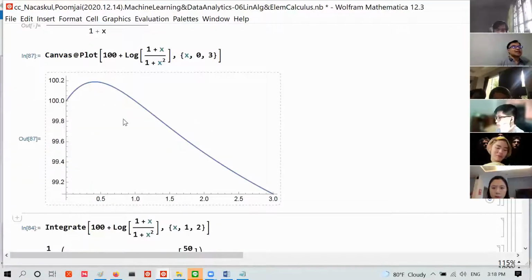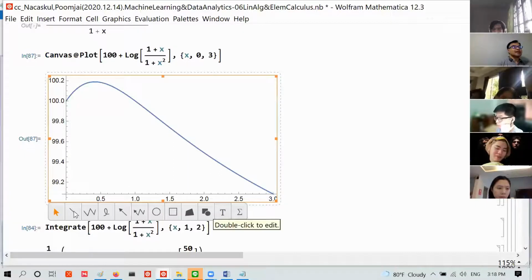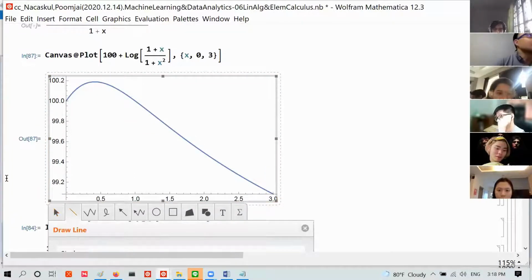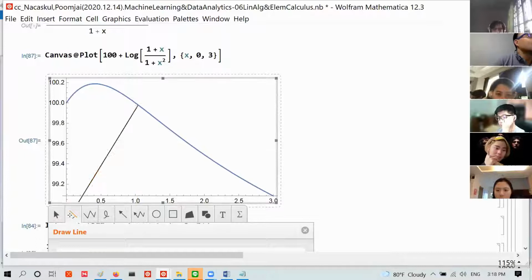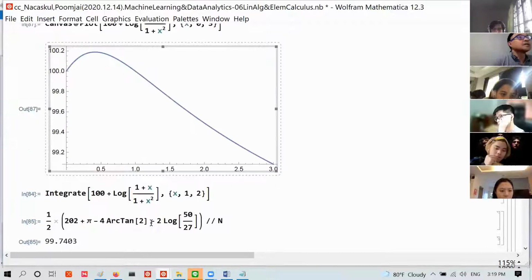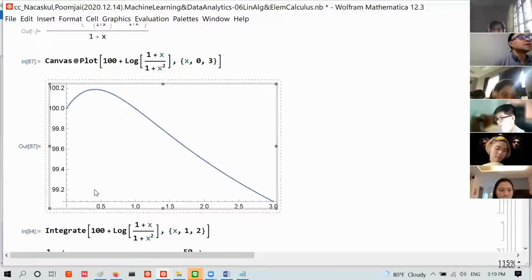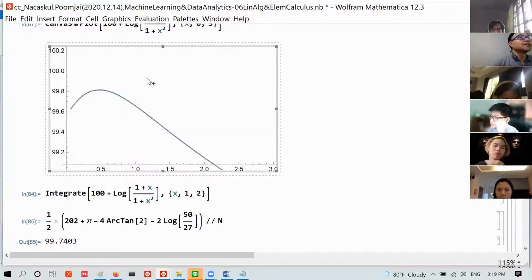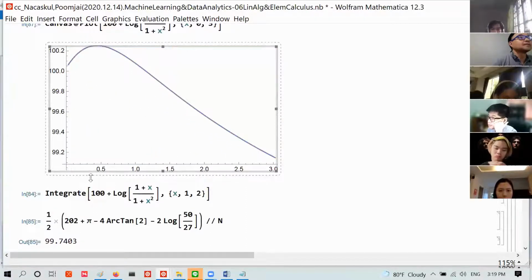Okay, so between 1 and 2 here, if I draw a line, I want to find the area here. Sorry, my bad.